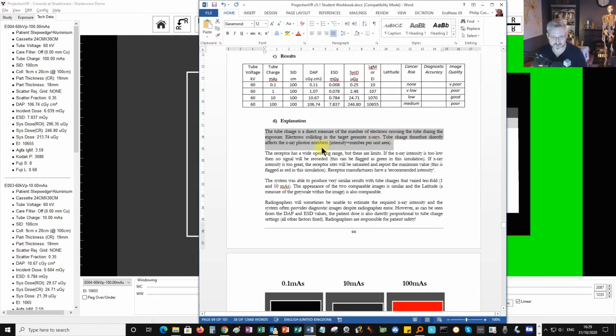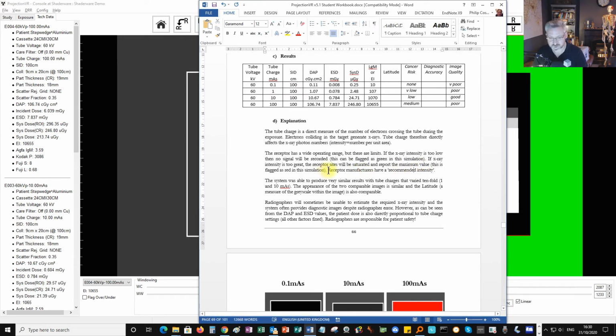Tube charge therefore directly affects the number of X-ray photons. The receptor has a wide operating range, but there are limits. If the X-ray intensity is too low, then no signal will be recorded. If the X-ray intensity is too great, the receptor sites will be saturated and report a maximum value.